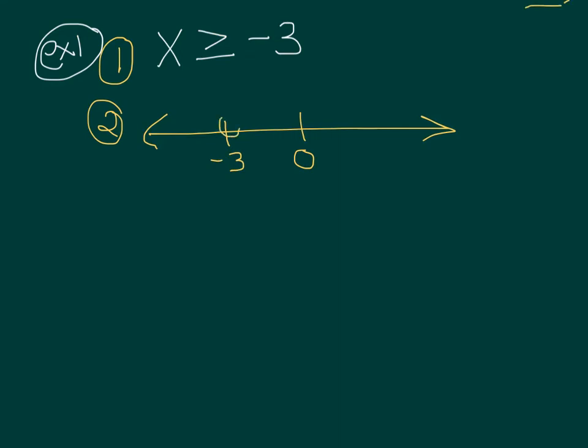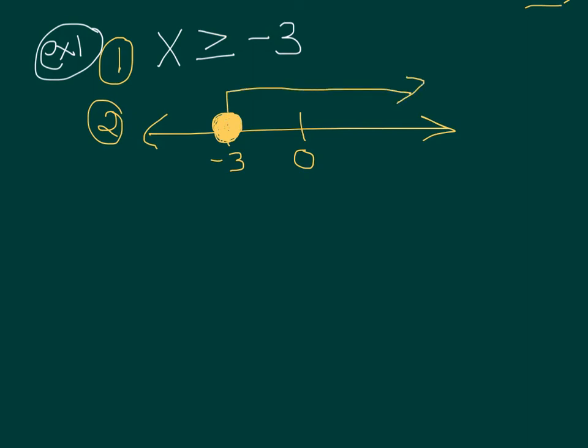-3. Well, that means I'm going to write a circle, except this time I'm going to color it in. Why am I going to color it in? Well, the inequality says x has to be greater than or equal to. So therefore, it actually includes -3. So I'm going to shade that in.